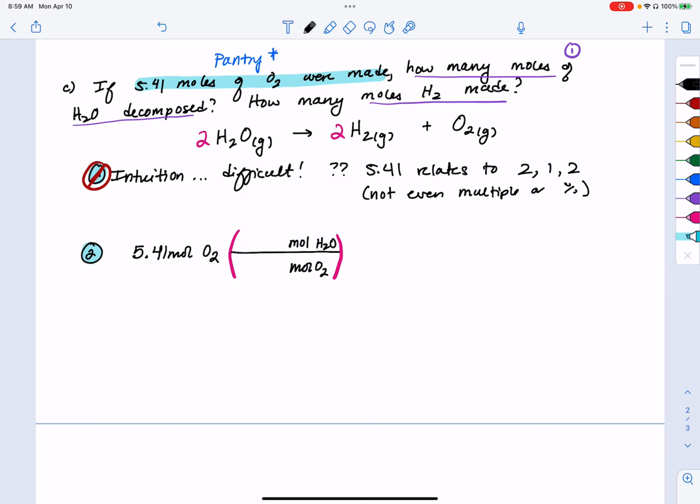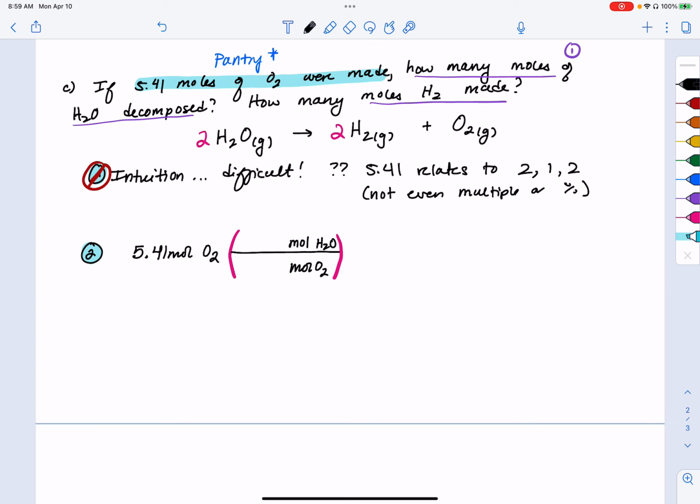So if I put in this mole ratio, I see that my mole oxygen per mole oxygen cancels. And if I now take this 5.41 quantity and double it, which is what my dimensional analysis is telling me to do, I would get 10.82 moles of H2O decomposed.